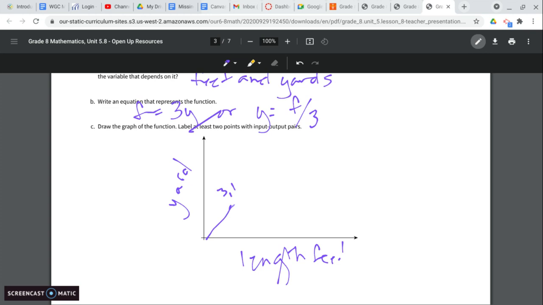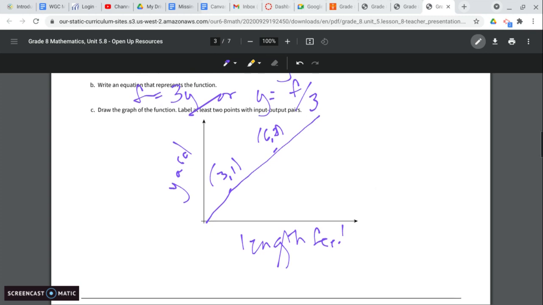It's proportional, something like that. If we do 2 yards, 2 times 3 is 6. So we'd have 6, 2, and so on and so forth. And you can use either or. So we could have done feet and started dividing to find these values as well.